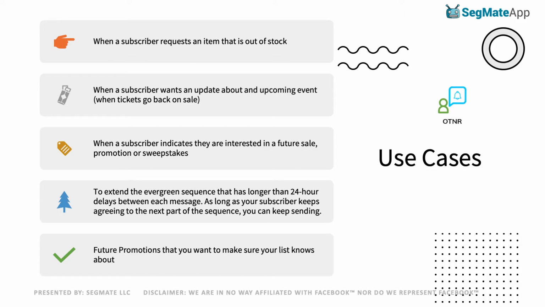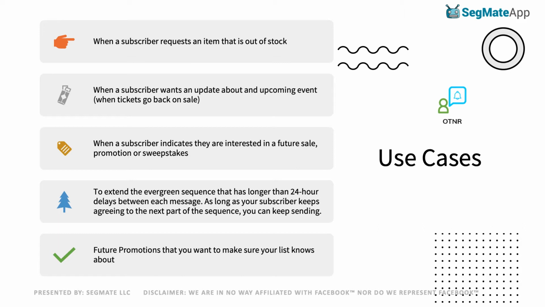Also, you can extend an evergreen sequence that has longer than a 24-hour delay between each message. As long as your subscriber keeps agreeing to the next part of the sequence, you can literally keep sending. But you have to make sure you create a new sequence each time, and that you're getting permission each time, built out in your bot.